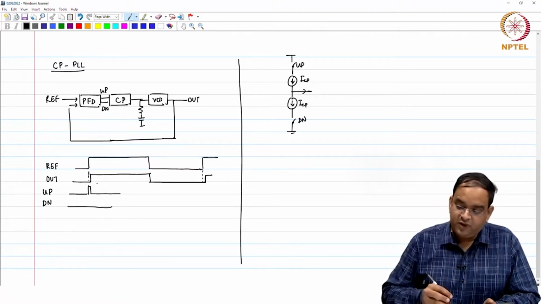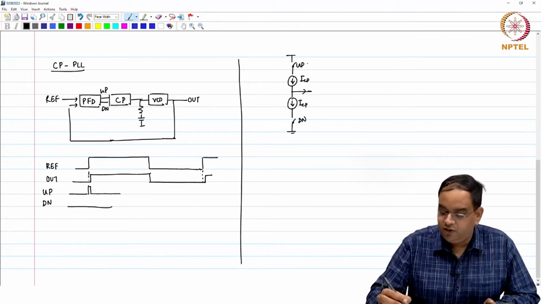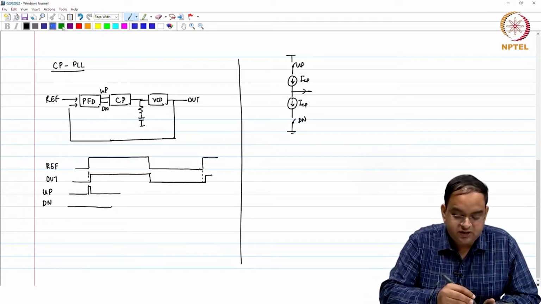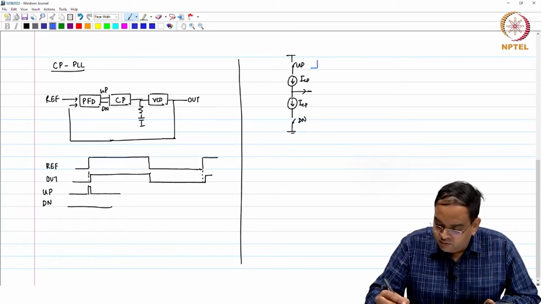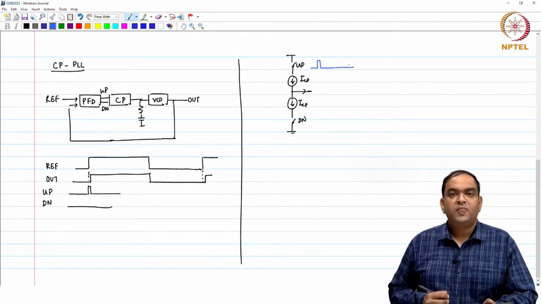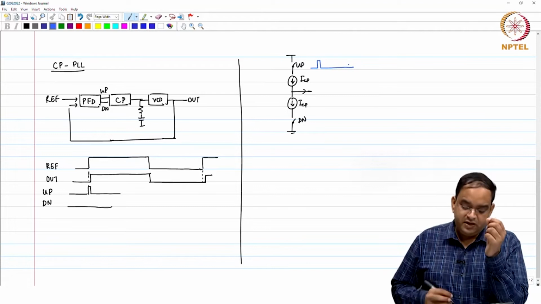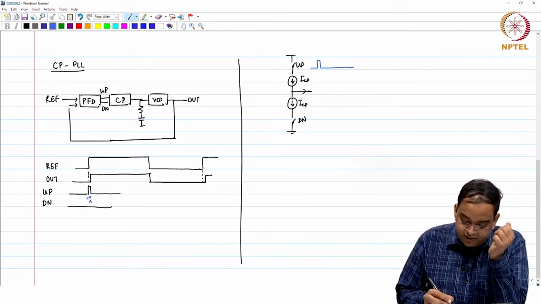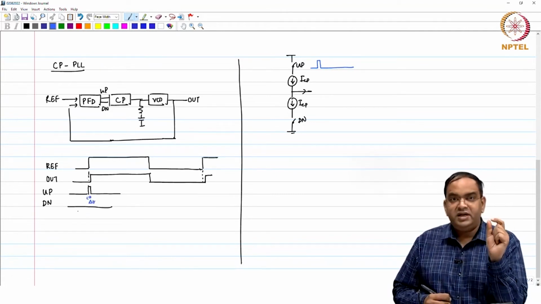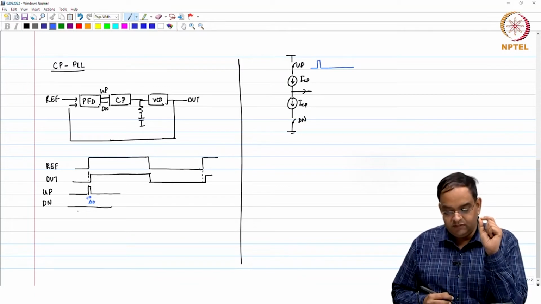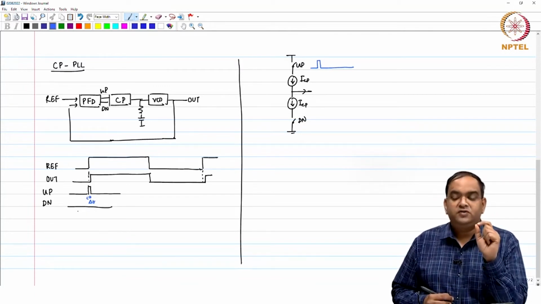So, the up pulse which is coming here is a very narrow pulse. If you have very small phase error, then you are going to have a very narrow pulse which clocks these switches connected to up and down.